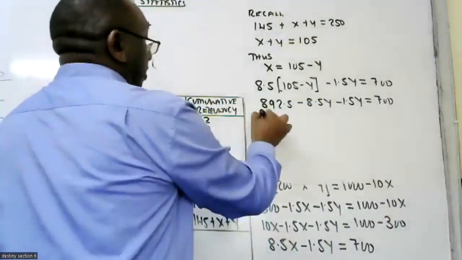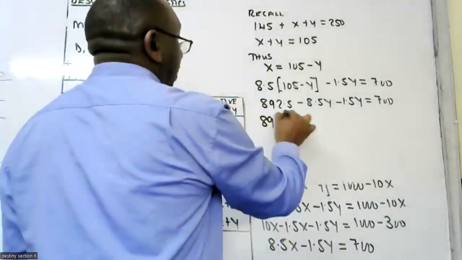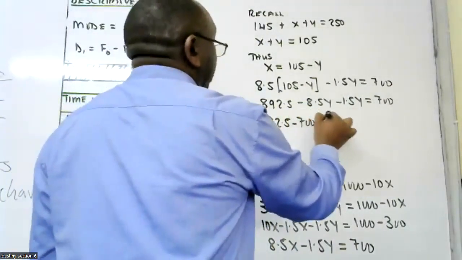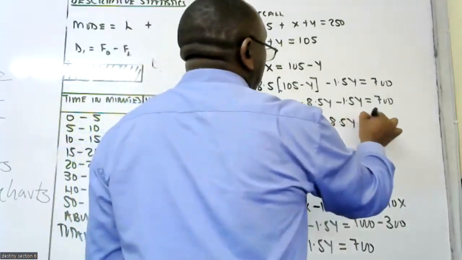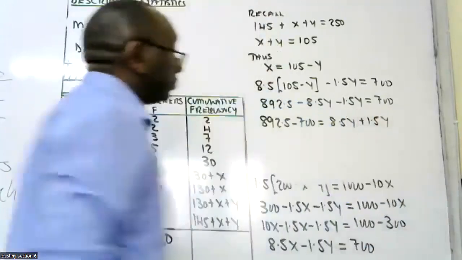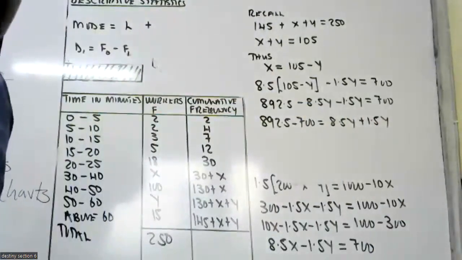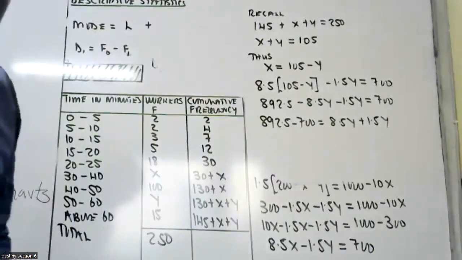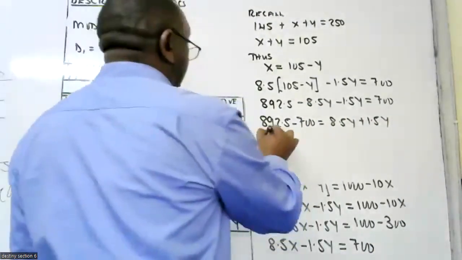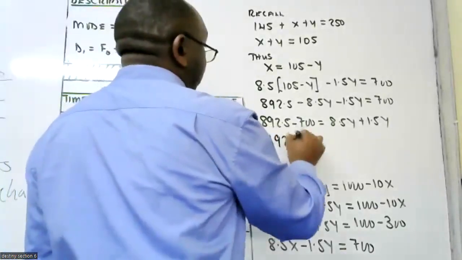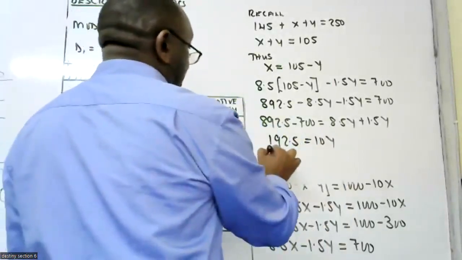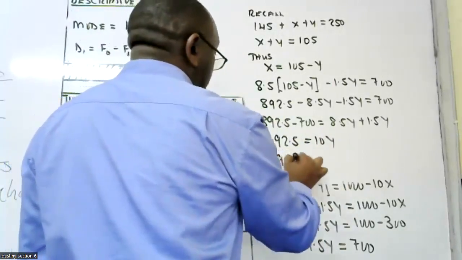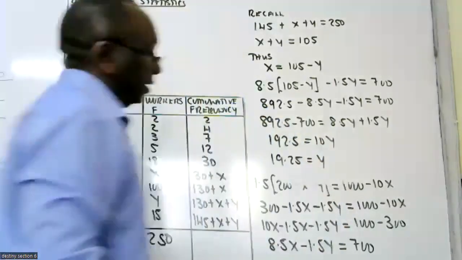So this becomes 892.5 minus 700 equals 8.5y plus 1.5y. If I subtract this, I get 192.5 equals 10y. Therefore, 19.25 is y.